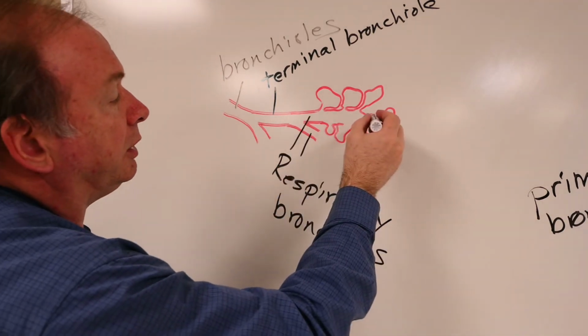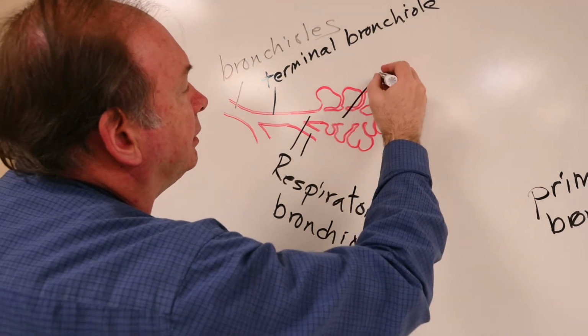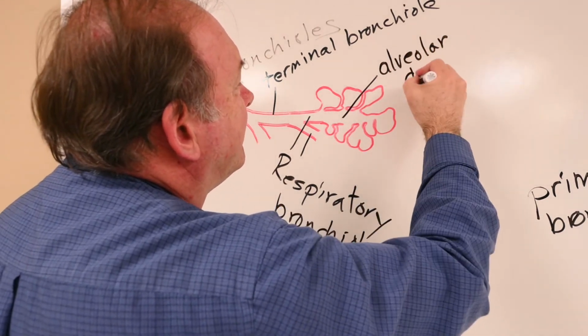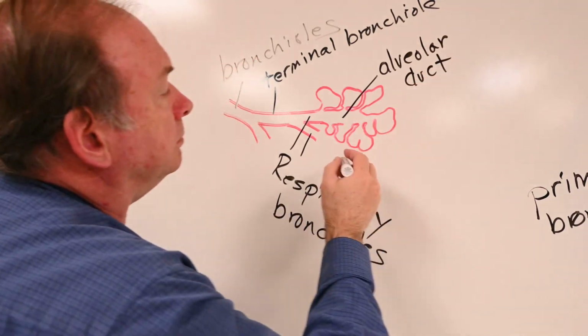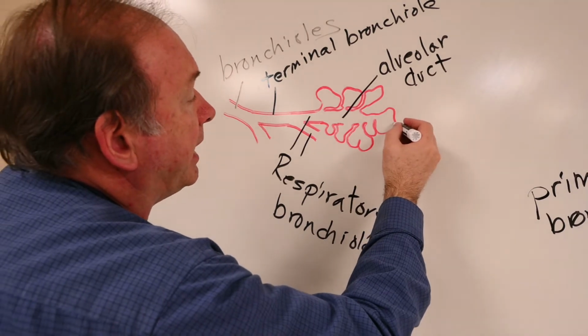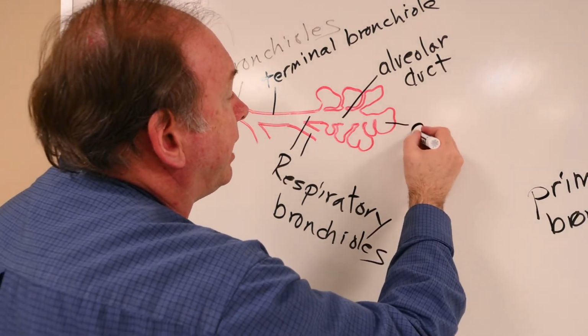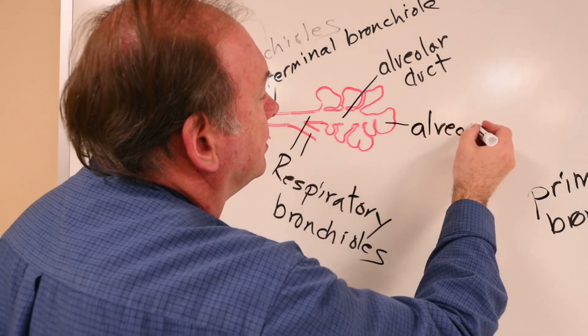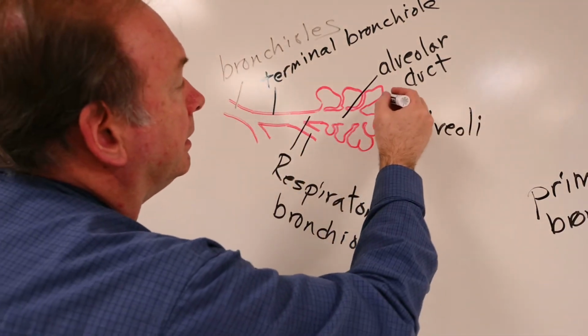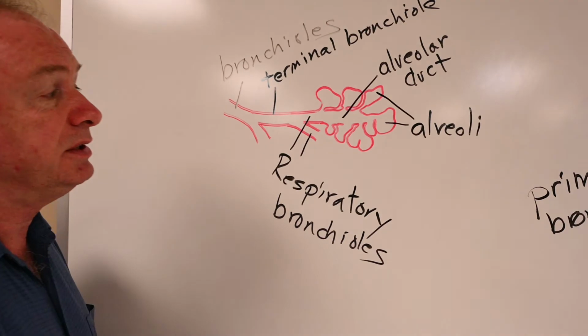And then finally, you're into what's called an alveolar duct. Surrounding the alveolar duct are these small sac-like passages or spaces we call alveoli. A single one would be an alveolus.